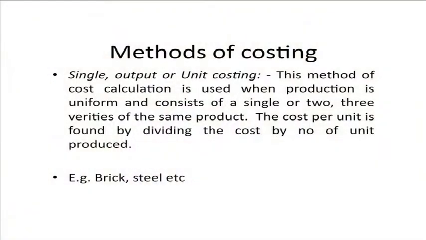So, unit cost will be 10,000 divided by 1,000, that is 10 rupees per unit. This is the basis of ascertaining the cost under unit costing, but its utility is limited and it is used where the production is uniform and products are of the same category or class. Examples are bricks or steel.